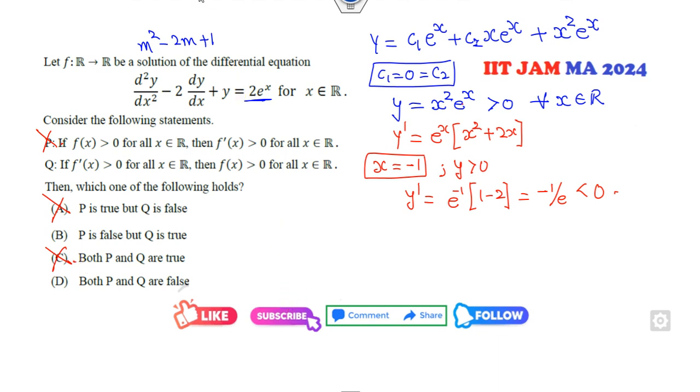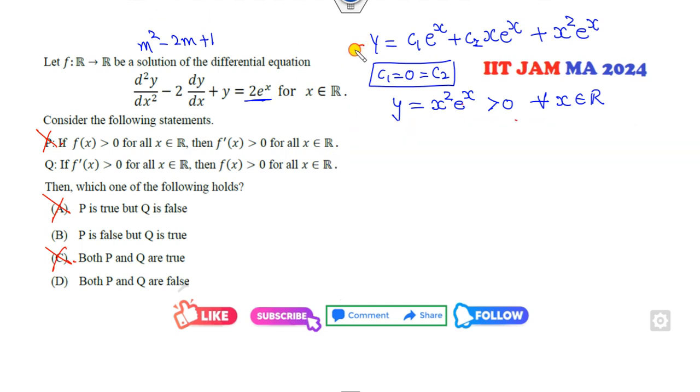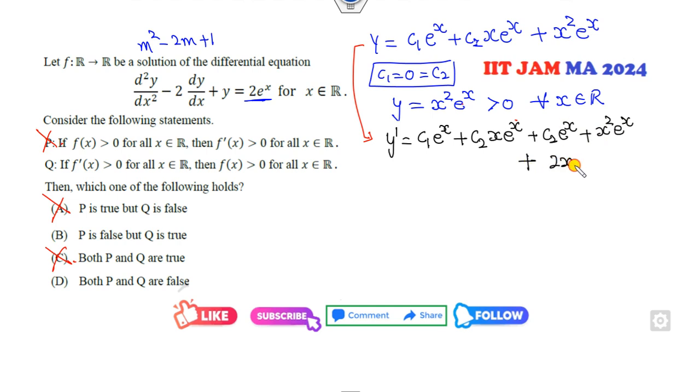Fine. Now second is when the derivative should be greater than 0. So firstly we need to find the derivative. What is the y dash? c1 e raised to power x, plus c2 x e raised to power x plus c2 e raised to power x, plus x square e raised to power x plus 2x e raised to power x.